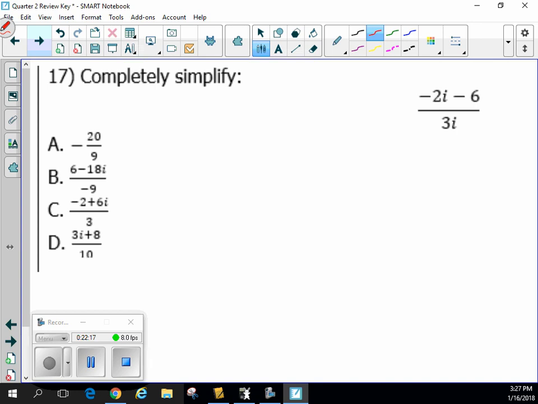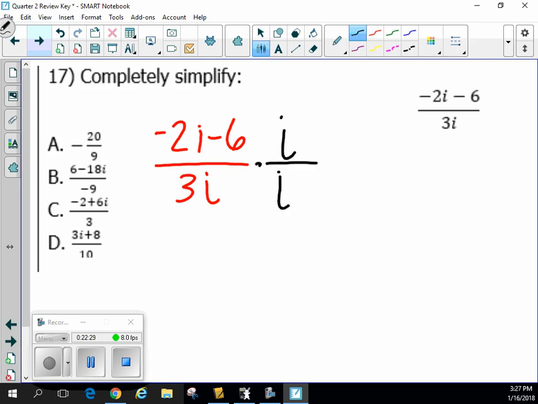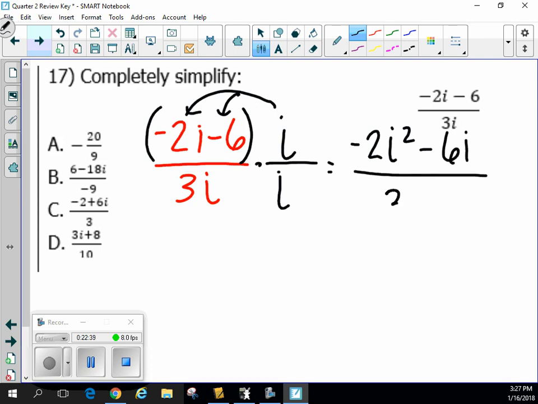Number 17. We have negative 2i minus 6 divided by 3i. We're not allowed to have i's on our denominator, so you need to multiply top and bottom by i. When you do so, remember you're really distributing the i to the numerator. So you get negative 2i squared minus 6i, divided by 3i squared.